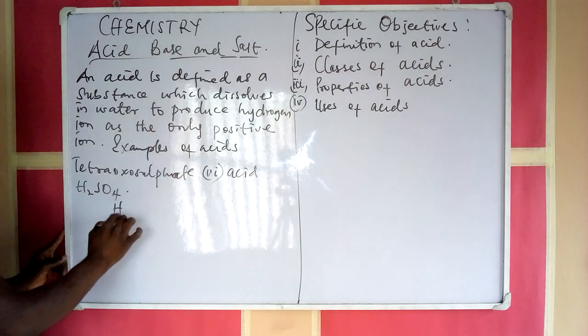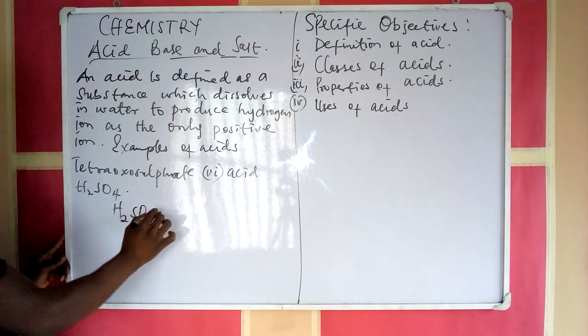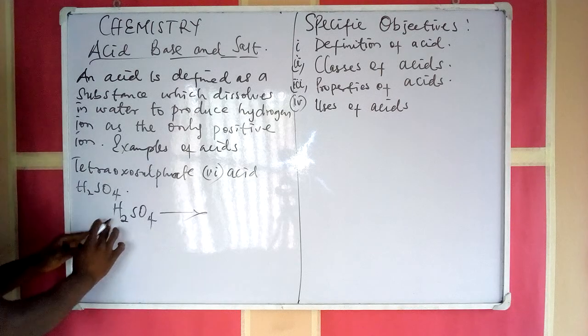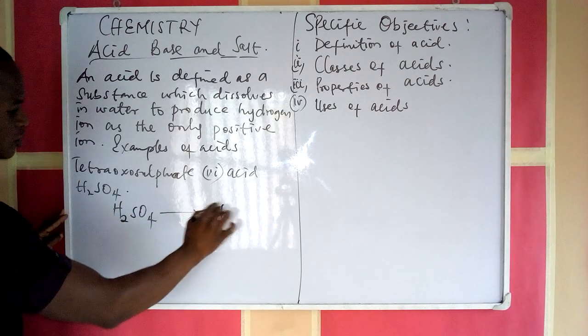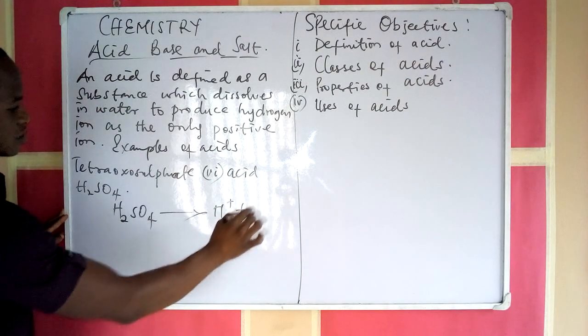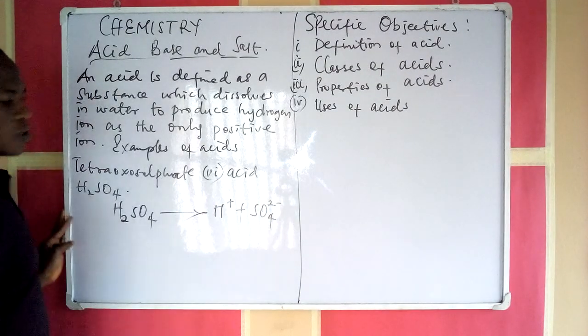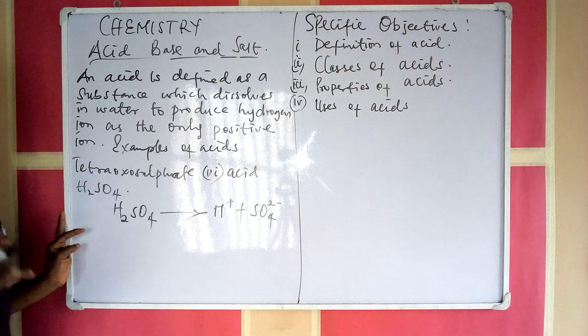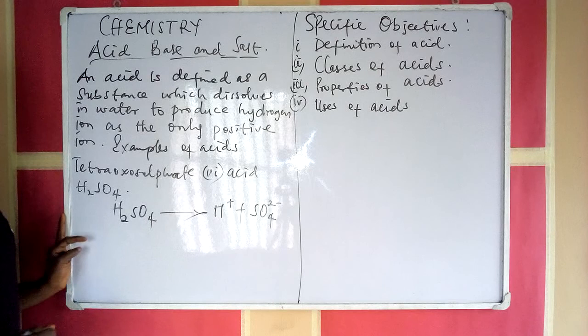Now, I have it to ionize. If I put water in this acid, it will separate to form hydrogen ion and SO4 2 minus, which is tetraoxosulfate 6 ion. That is negative.